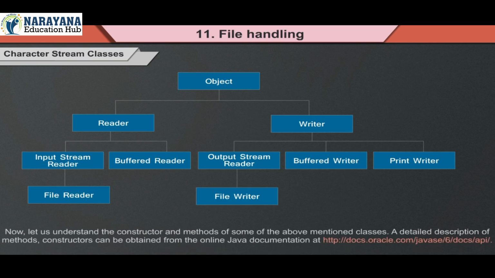Now, let us understand the constructors and methods of some of the above mentioned classes. A detailed description of methods and constructors can be obtained from the online Java documentation at http://docs.oracle.com/javase/6/docs/api/.